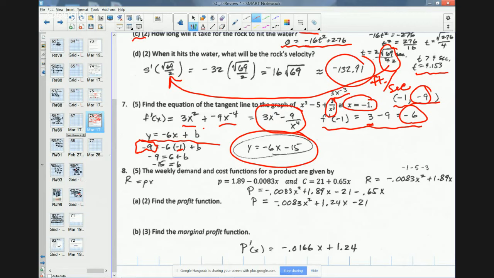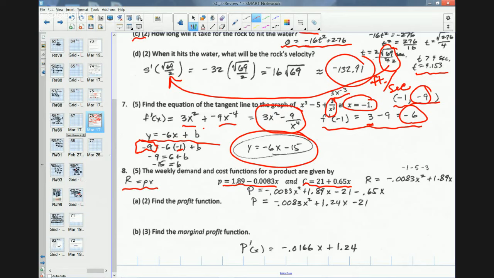All right. The business problem is the 8th problem on this sample test. Remember I told you about this a few minutes ago? You may need that, and sure enough you did, because you see how I gave you the demand equation right here, and I gave you the cost.